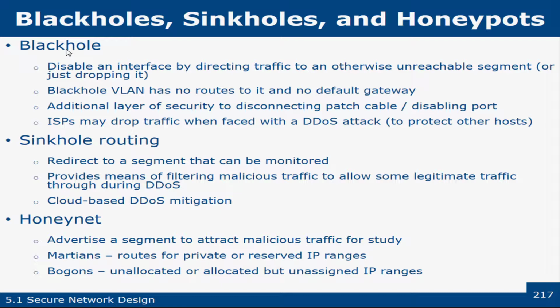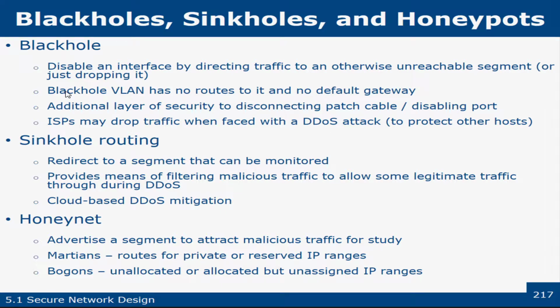It's certainly not a valid long-term solution, but it's typically used, especially if there's a DDoS attack. If you do have a DDoS attack, it could overwhelm your servers, and those requests are not going to be met because your server's just bogged down by the DDoS attack. So if you know where the traffic's coming from, you could route that DDoS traffic to a black hole, as it's known.